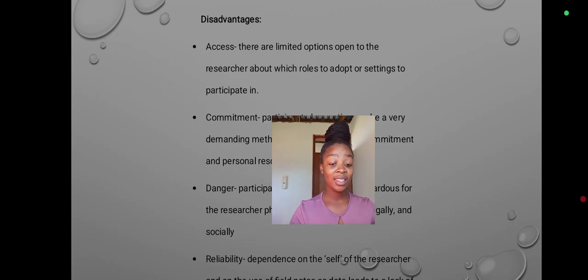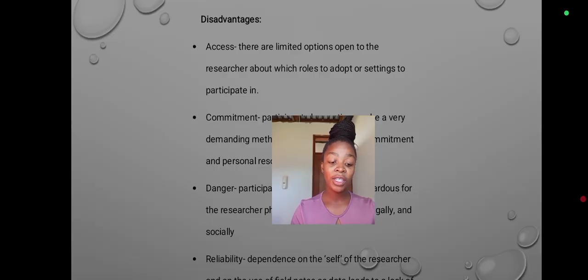Firstly, access. There are limited options open to the researcher about which roles to adopt or settings to participate in. Secondly, commitment. Participant observation can be a very demanding method in terms of personal commitment and personal resources. Thirdly, danger.